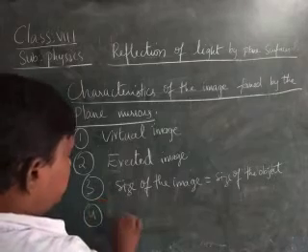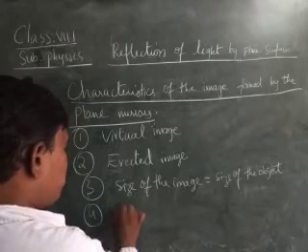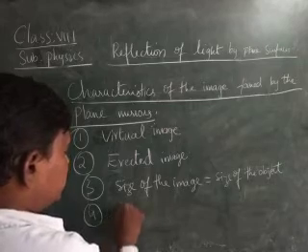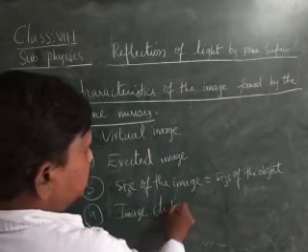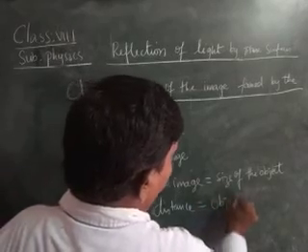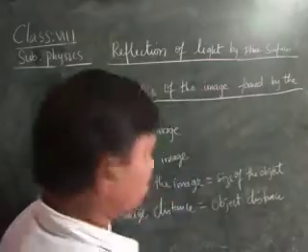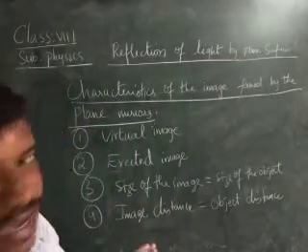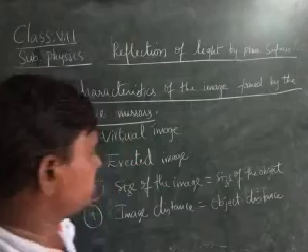The fourth one is that the image distance is equal to the object distance. What do you mean by this image distance? The distance from the image to the mirror is called the image distance.